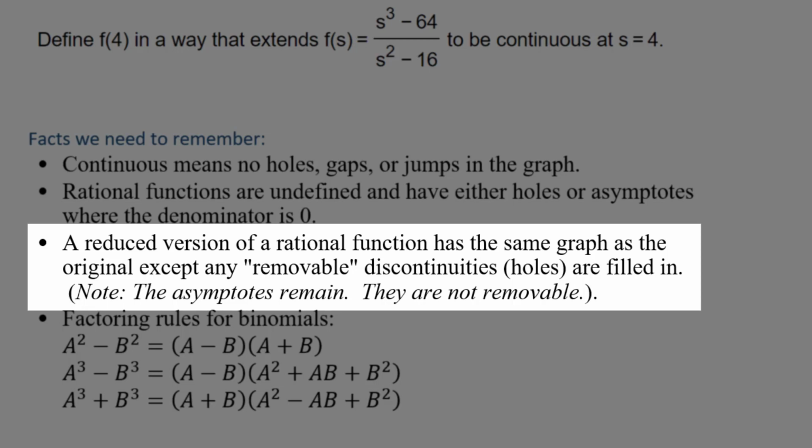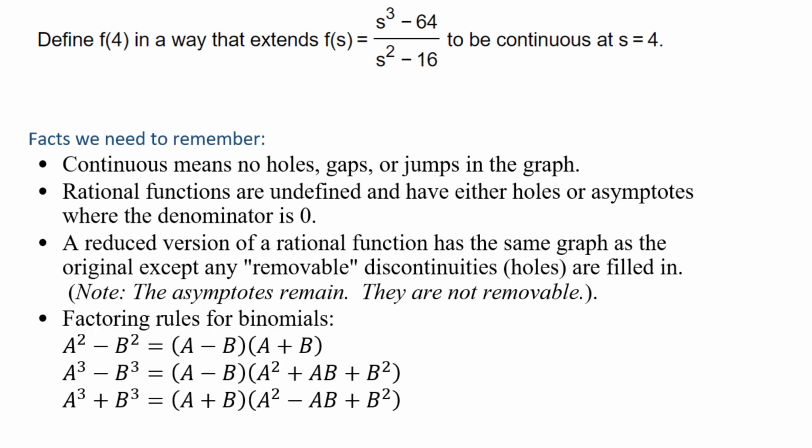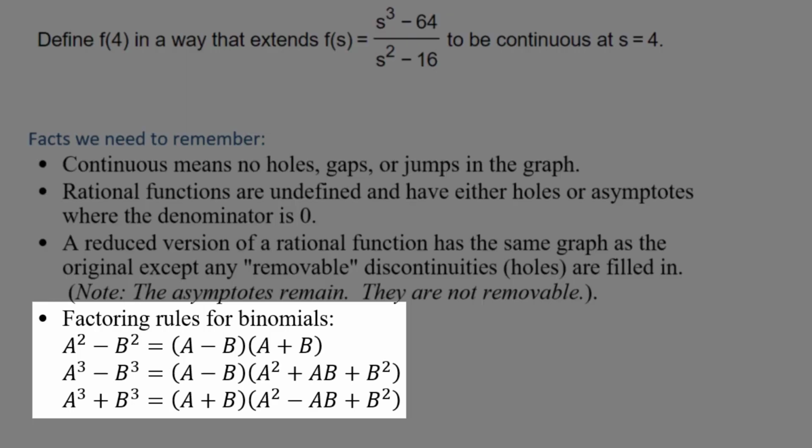This doesn't mean that asymptotes have disappeared, just the little tiny holes in the graph, the open dots on the graph. In this particular problem, we're going to also need to remember our factoring rules for binomials, for two-term polynomials. Remember, a binomial can only factor if it fits one of these three patterns: a difference of squares, a difference of cubes, or a sum of cubes.